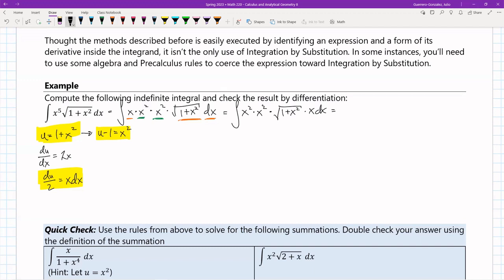So x squared is u minus 1. So it's going to be the integral of u minus 1. There's a second x squared, so it's going to be u minus 1 again. 1 plus x squared, that is u, so it's going to be the square root of u. And then x dx ended up being my du over 2, so times du over 2.